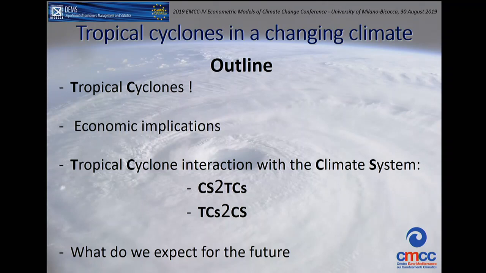Then we will go to the central part of the talk, the interaction of tropical cyclones with the climate system in both directions: how the climate system affects tropical cyclone activity, and how tropical cyclones tend to affect the climate itself. And then finally, we are going to talk about the future projection of tropical cyclone activity in terms of different aspects, the impact and so on. So let's start with the first part on tropical cyclones.